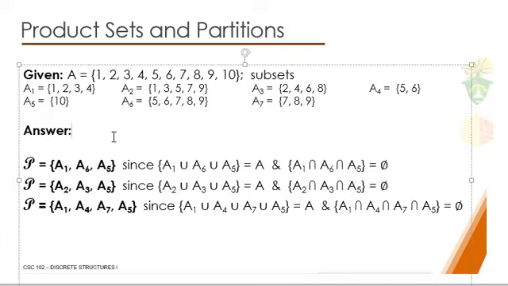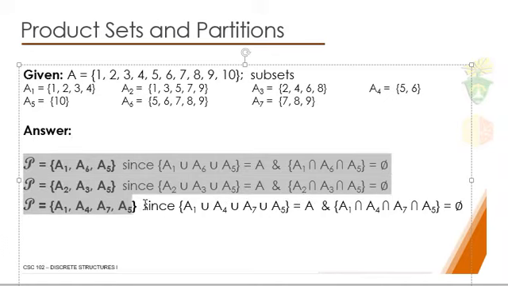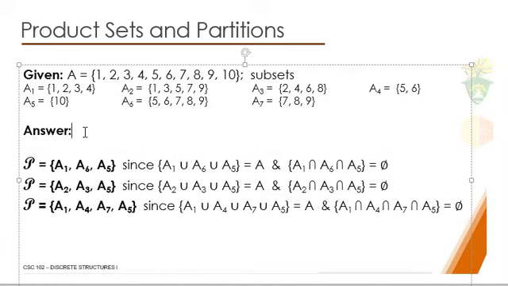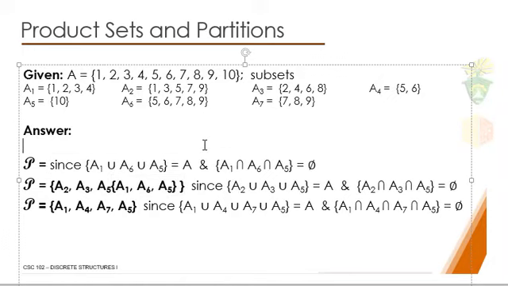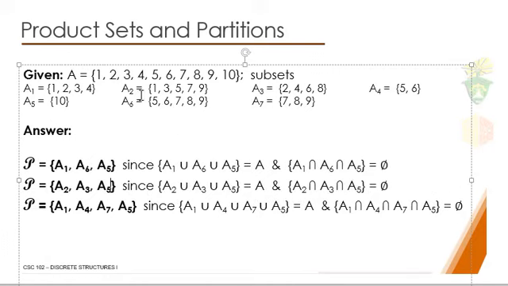So for this problem, for example number 2, we found 3 correct answers or 3 partition sets. So we have the set containing subsets A sub 1, 6, and 5. So dili na nako isa-isahon ha. Kamunay mo tanaw danhi isa-isa.